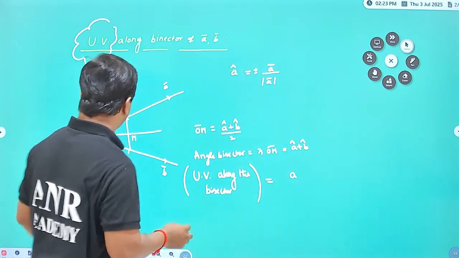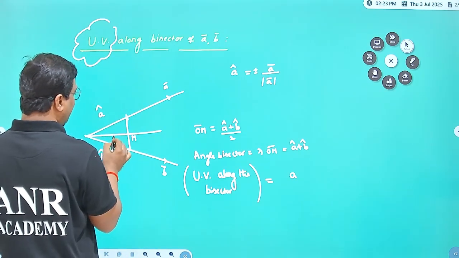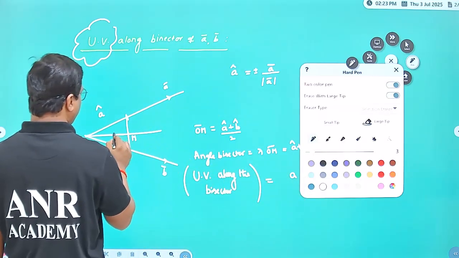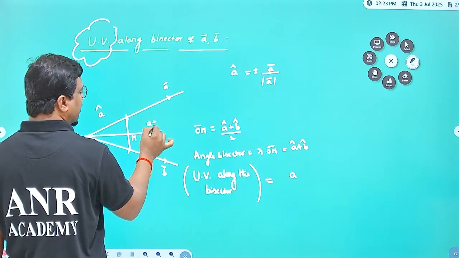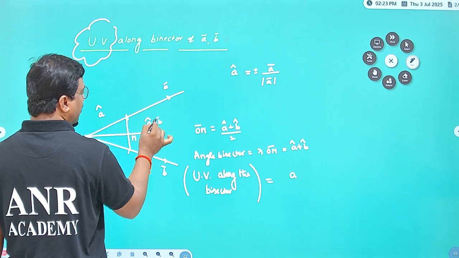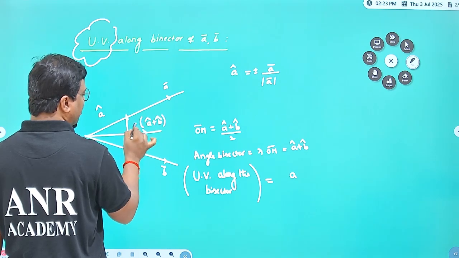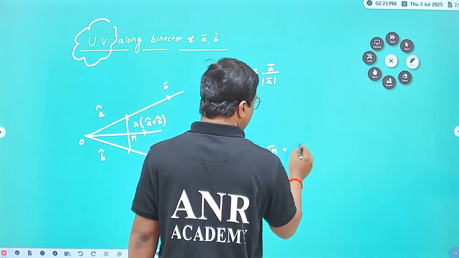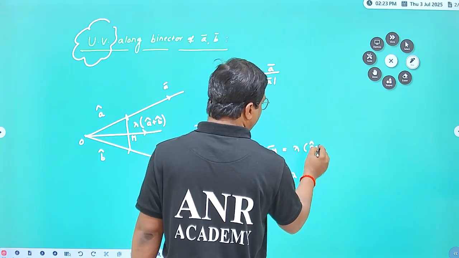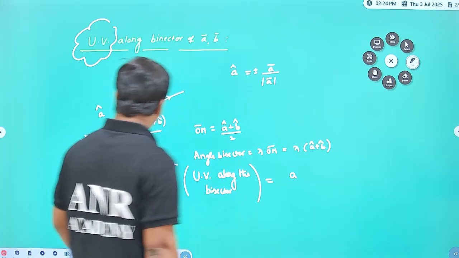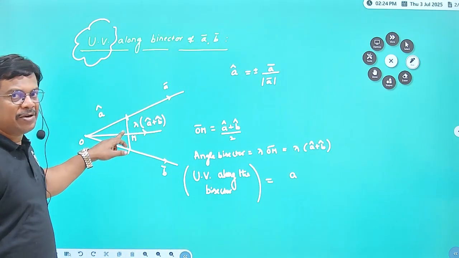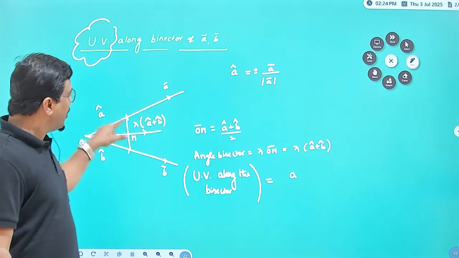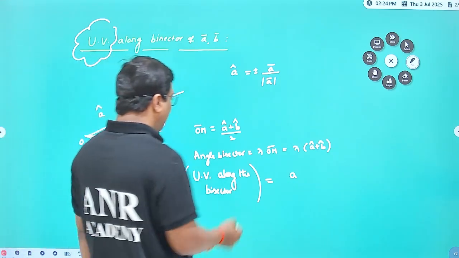Suppose it is a cap, b cap, this vector is along the direction of a plus b, so lambda times a cap plus b cap. The middle point is denoted by a cap plus b cap by 2, due to being parallel, lambda into a cap plus b cap. Now the unit vector.